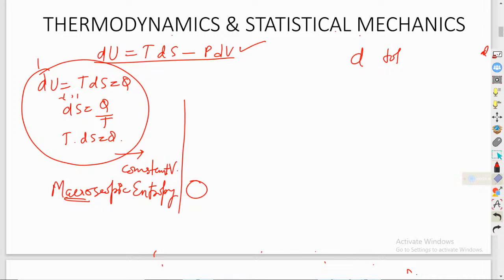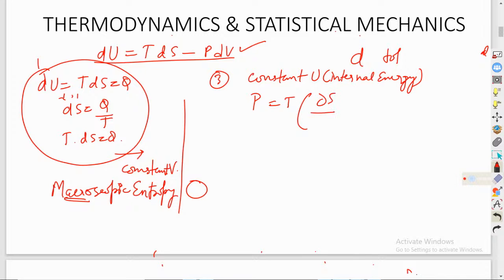So the third equation is for constant U, meaning constant internal energy. For constant U, the equation we obtain will be P equals T ∂S/∂V at constant U, N. Okay.